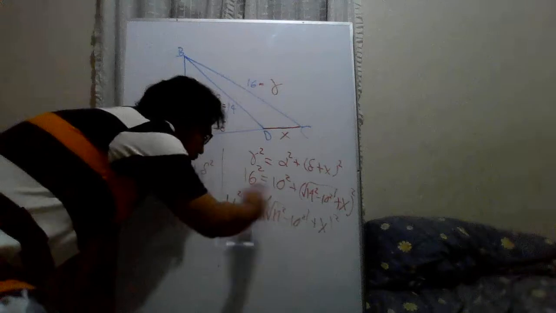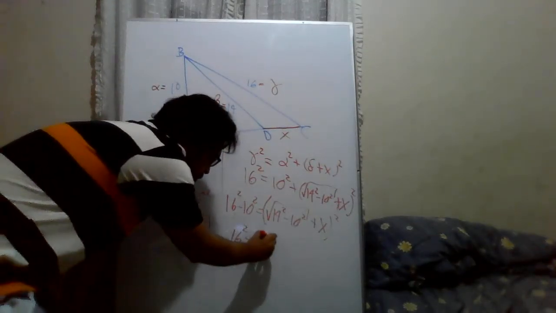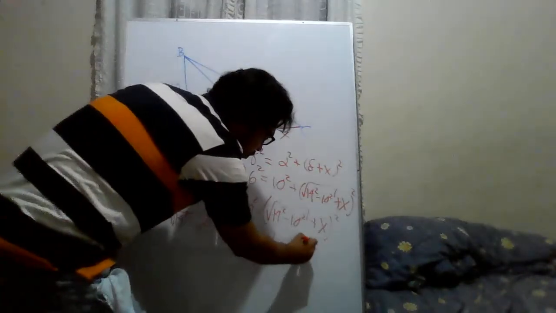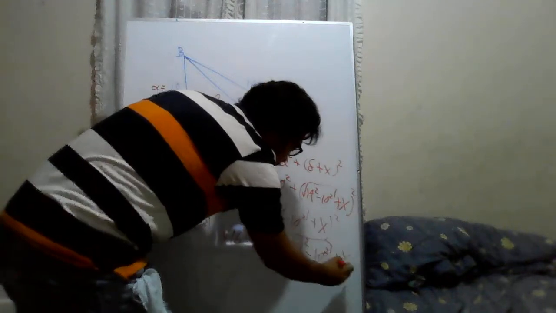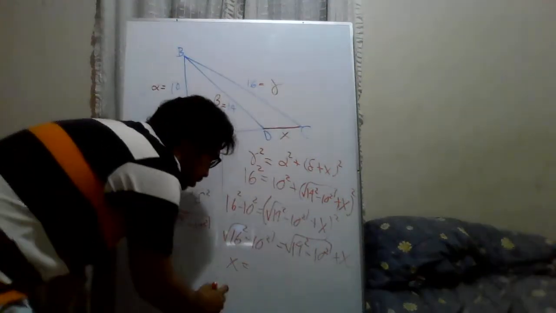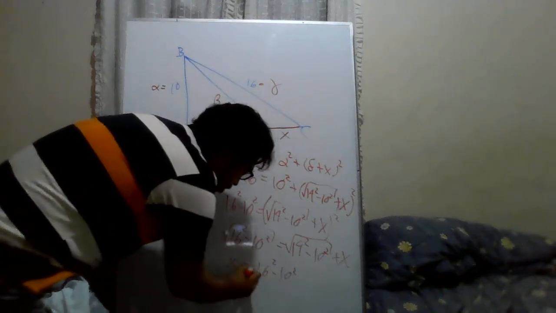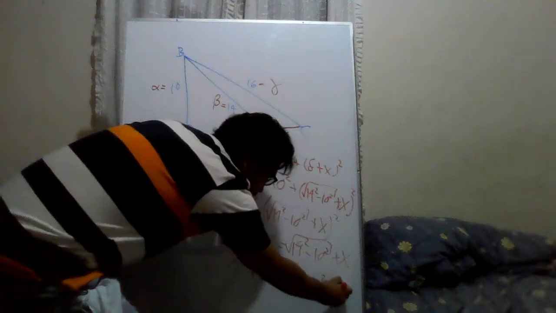Okay, let's put the root on the other side. The square root of 16 squared minus 10 squared equals the square root of 14 squared minus 10 squared plus x. So x is equal to the square root of 16 squared minus 10 squared, minus the square root of 14 squared minus 10 squared.